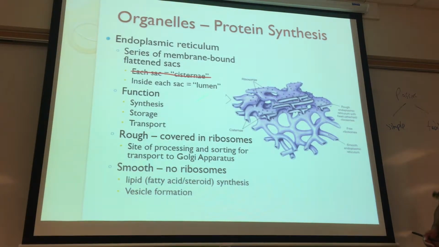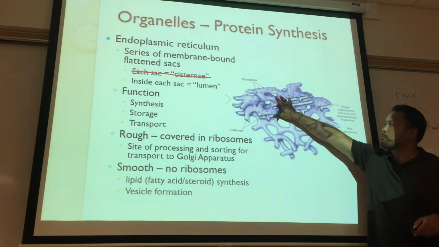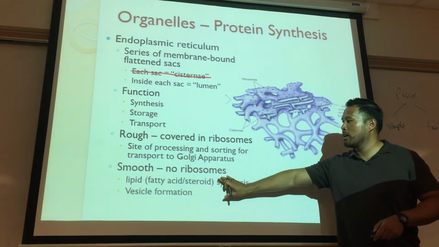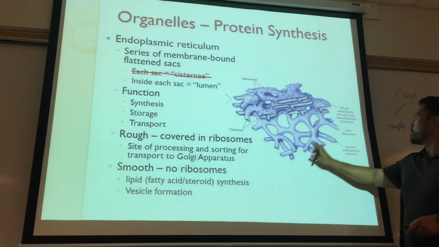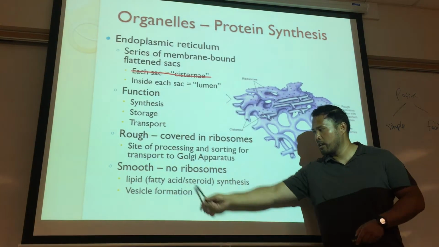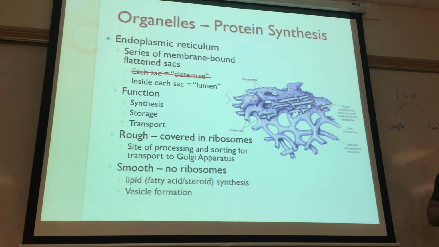So rough endoplasmic reticulum, or rough ER, are covered in ribosomes. These produce proteins. Smooth endoplasmic reticulum are the ones that don't have ribosomes on them. And those are specifically for producing any lipids of any kind.